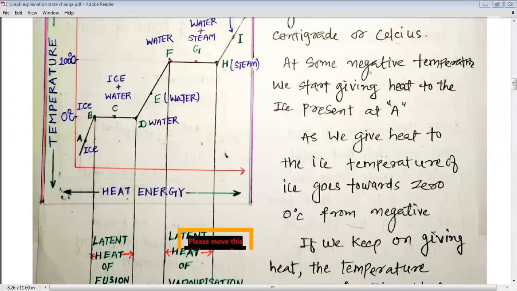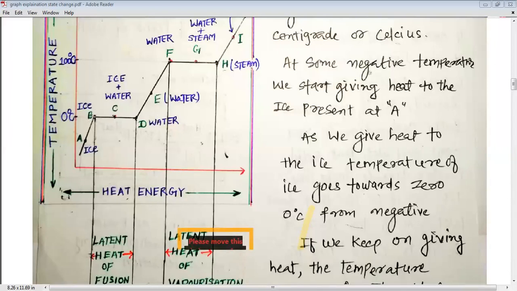Now, if slight energy is given to this 1 kilogram of ice at point B, suddenly there will be a change of state, and this solid ice melts into water. This point B is also known as the melting point of water.